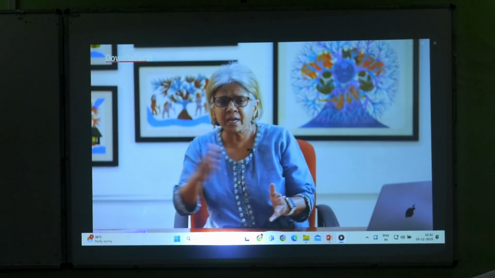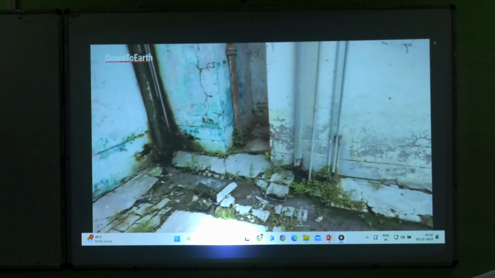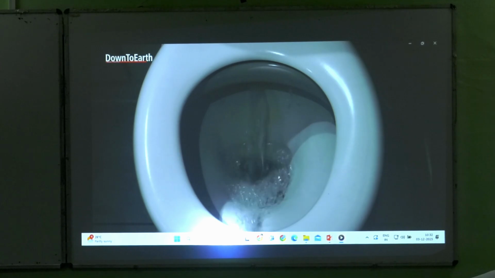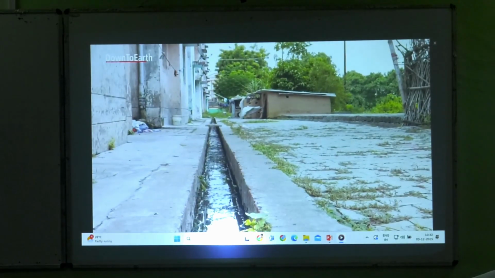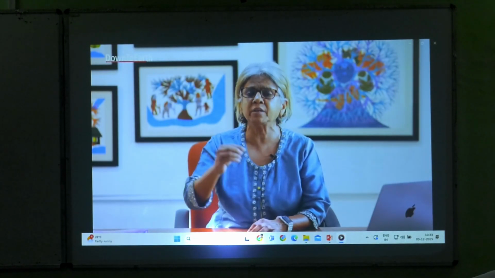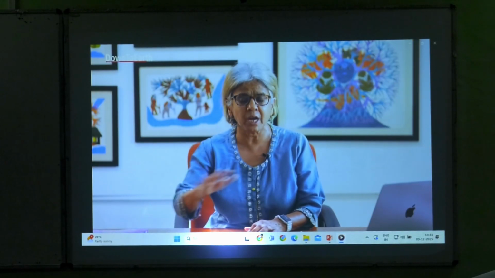Think about the second link to this, which is sewage. When you flush, and every time we flush, please remember one fact: 80% of the water that comes to you leaves. So if you get 100%, 80% of that water leaves your house as sewage.